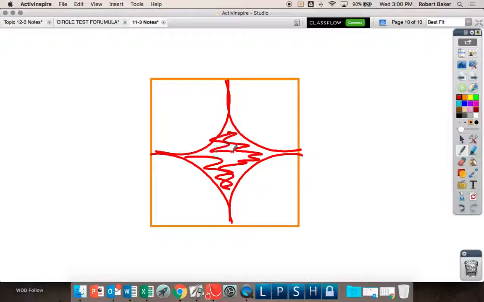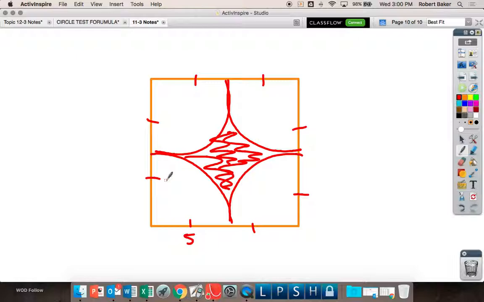Find the area of the shaded region. So the radius would be literally the same thing. It's literally find the area.